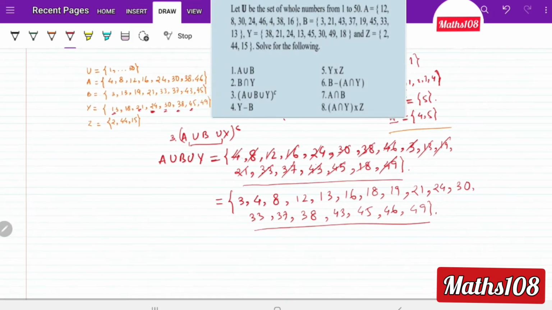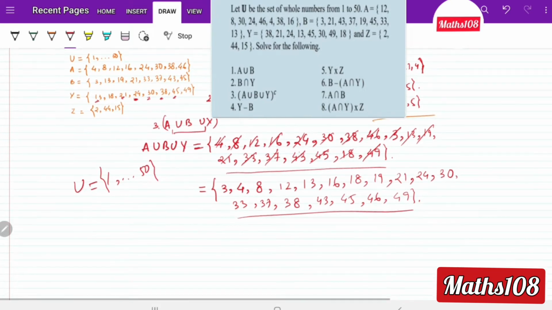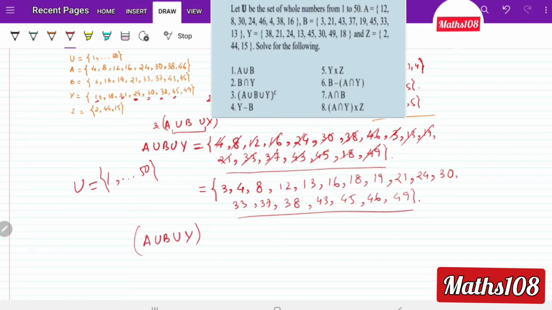So we have given that U is 1 up to 50. So we need to exclude these elements from 1 up to 50, and that is the complement of A union B union Y. So the complement is 1, 2, there is 3 and 4 over here.